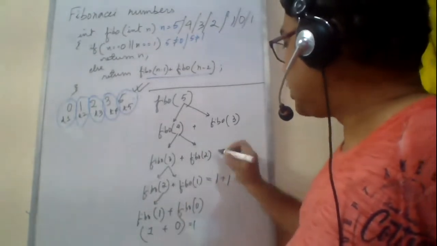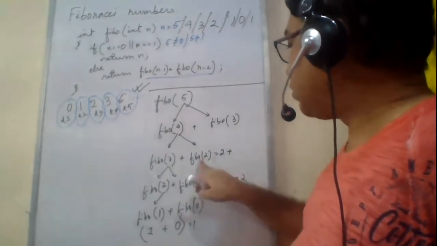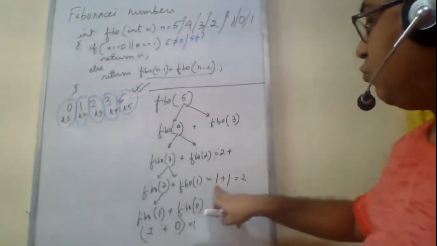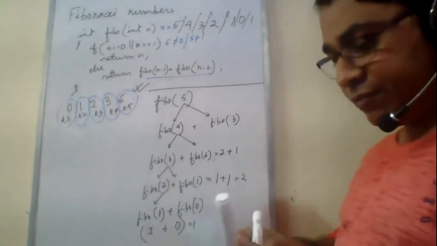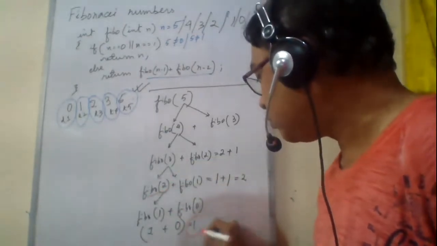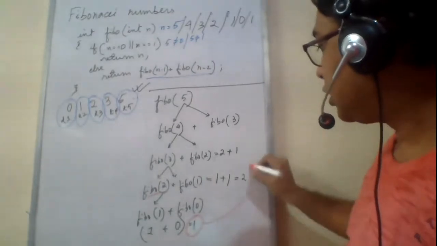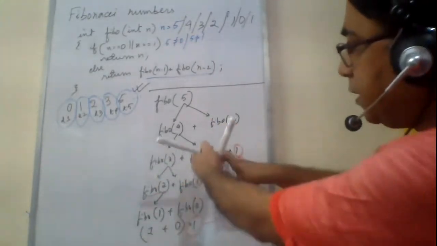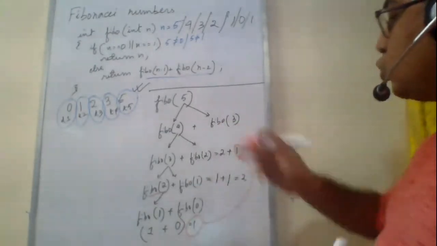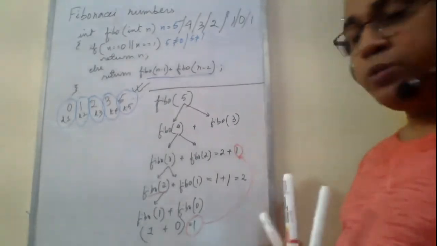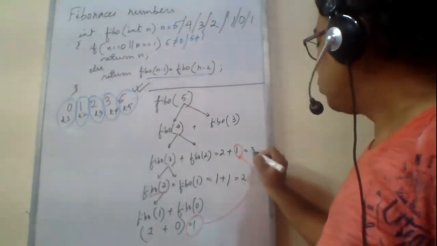When Fibo of 3 is getting the value 2, what is Fibo of 2 getting? We have seen over here Fibo of 2 gets the value 1. I am just reusing this value, or again we can split it into functions to show it. Understood? So here I am getting value 3.